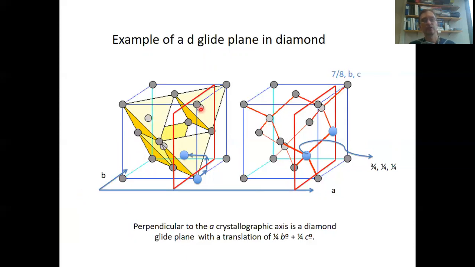These atoms inside of the unit cell are surrounded tetrahedrally by 4 other carbon atoms that either sit on the corners or on the faces.